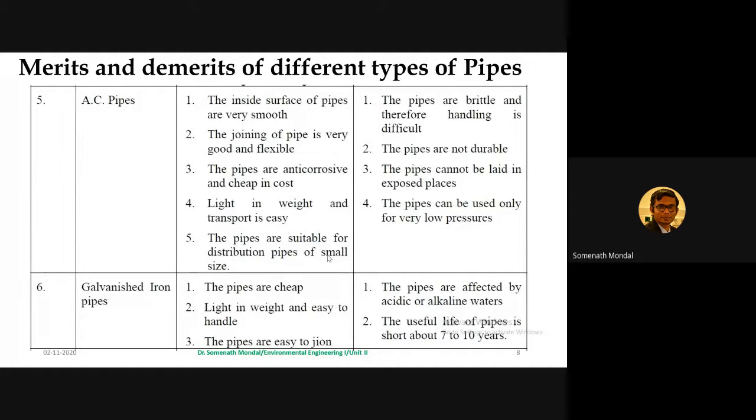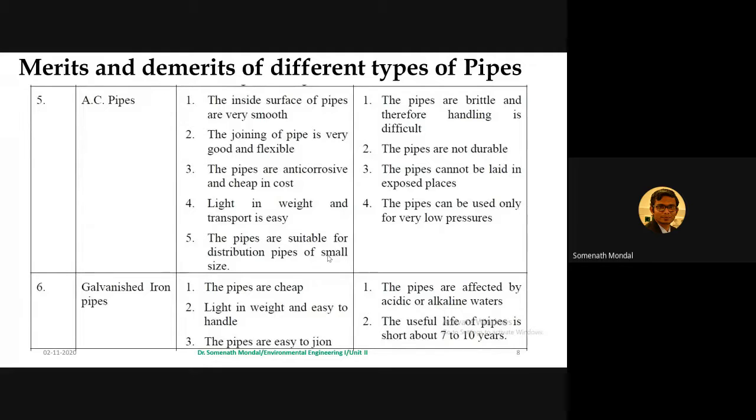Service connections can be easily taken since they can be easily drilled and tapped. That is a very good advantage, I would say. If after 10 years you want to increase the number of consumption points, that can be done easily with asbestos cement pipes, and they are not at all prone to corrosion. So these are the advantages.